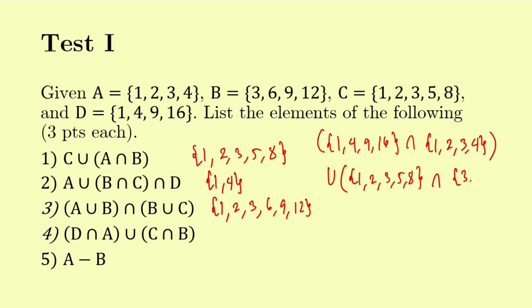Intersection 3, 6, 9, 12. Okay, then after that, let's combine the intersection of these two sets. So the intersection A, ang common sa kanila ay 1 and 4. While sa C intersection B, ang common sa kanila ay 3. That's all. So, ang sagot natin dito is simply 1, 3, and 4.